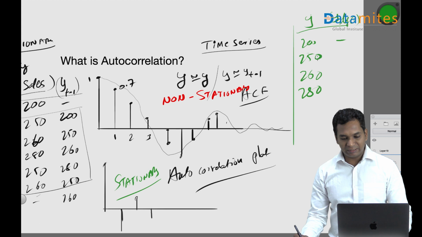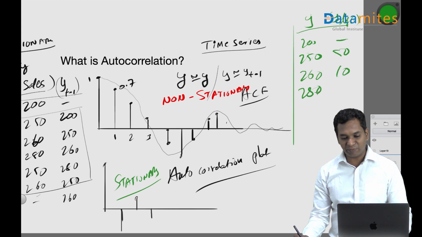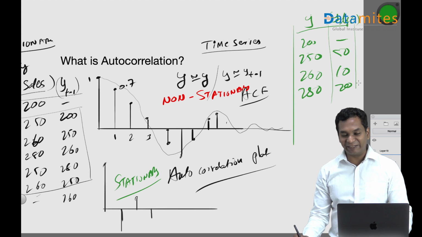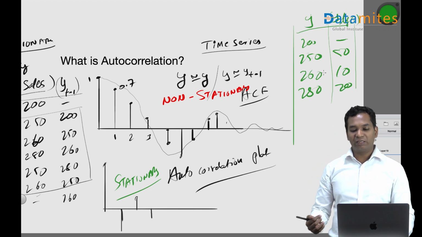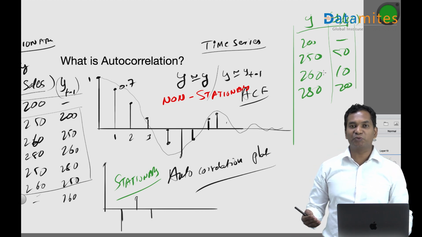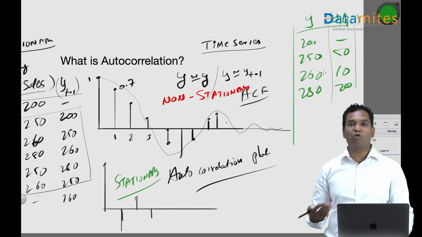So for example, this is like no value, 250 minus 200 is 50, 260 minus 250 is actually 10, 280 minus 260 is 20. So this is called differenced by one order. Differencing is one of the techniques which will make data more stationary.